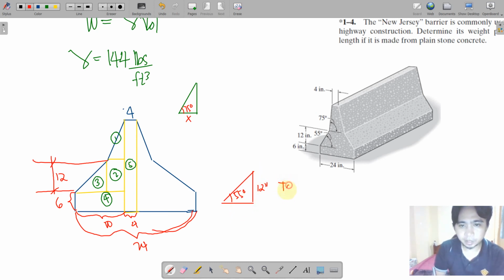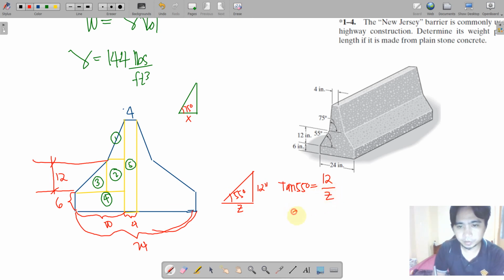So writing the tangent function, tangent 55 is equivalent to 12 all over, perhaps we can label this as z. Okay, 12 all over z.